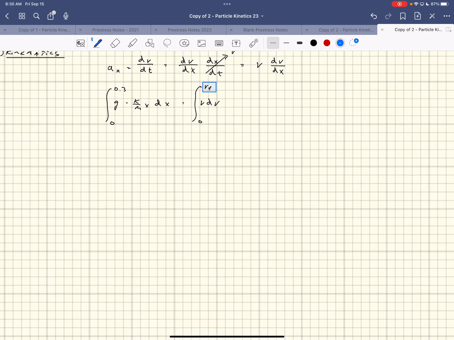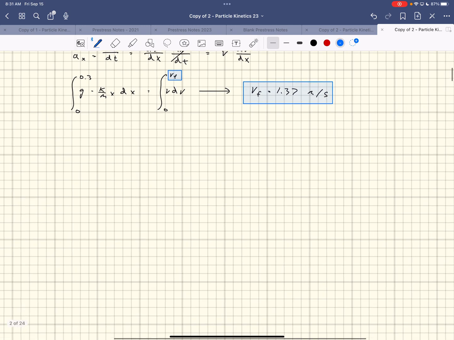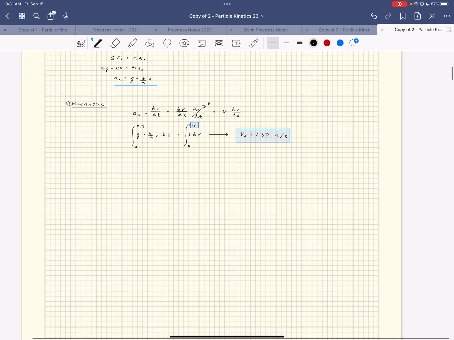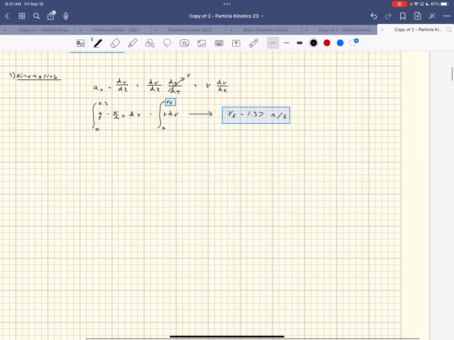Okay, and you just carry out that integral and solve for VF. We get VF equal to 1.37 meters per second. Right, and I would say this last step right here, this is our solve.